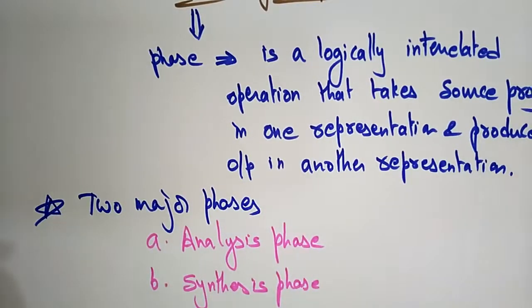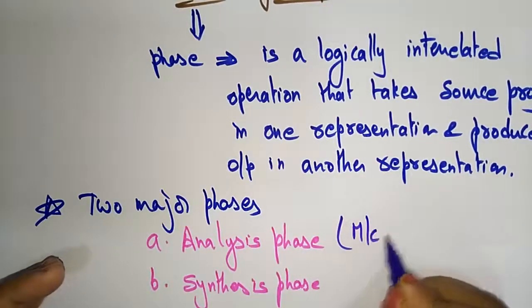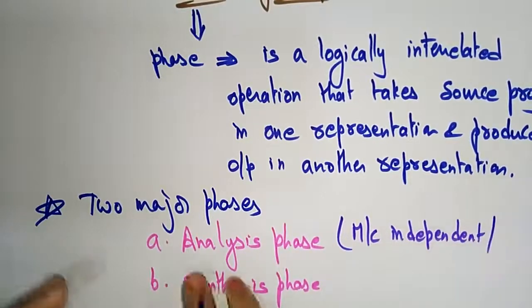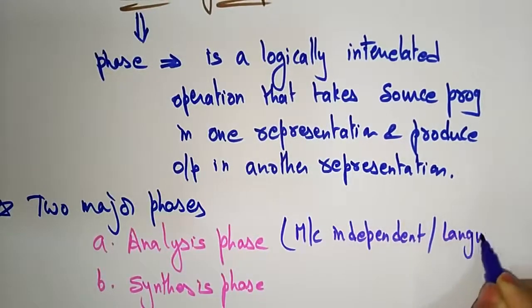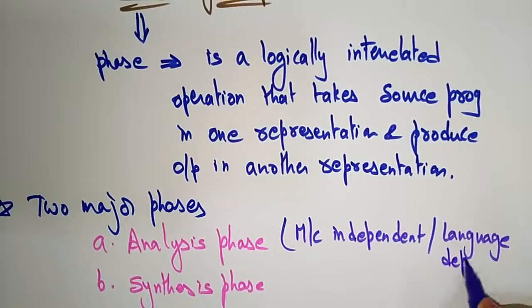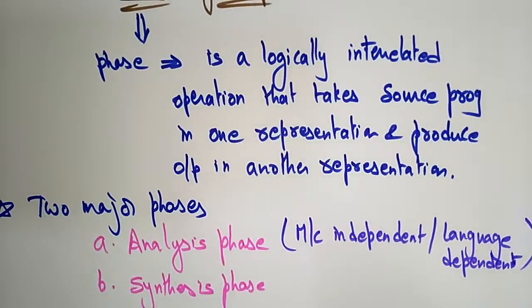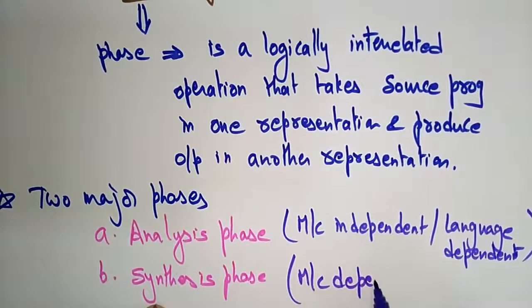What does the analysis phase consist of? The analysis phase is machine independent but language dependent. It doesn't know what type of machine you are using, but it depends on what language you are using. The synthesis phase is machine dependent and language independent.